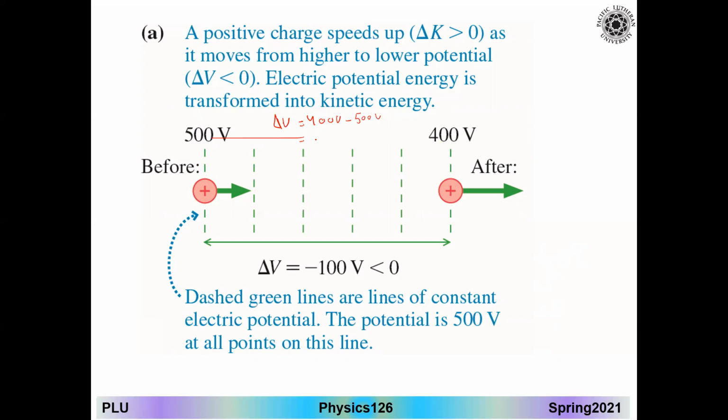So delta V, or delta electrical potential, equals minus 100 volt, which is less than 0. In that situation, you move the charge from high to low, so the kinetic energy increases and the charge speeds up.